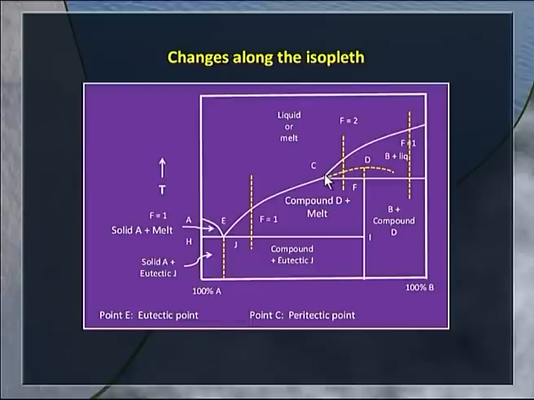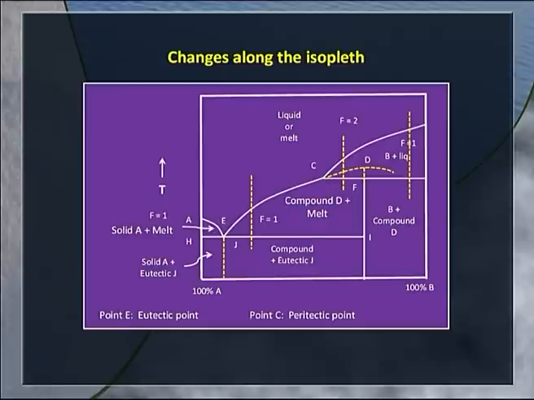And at this particular point C, the line corresponding to the compound intersects. That means the compound makes its appearance. The system becomes a three-phase system. Solid B, which was separating out in equilibrium with the melt, and the compound makes its appearance for the first time.